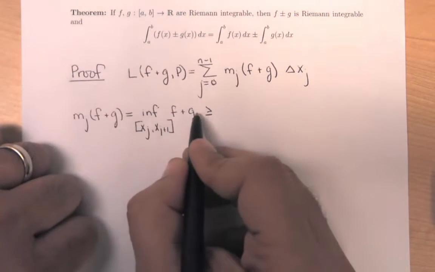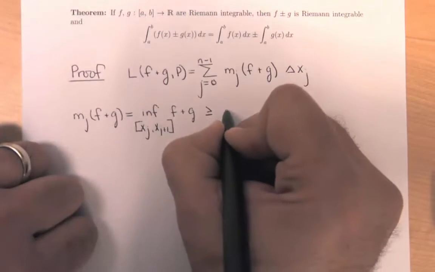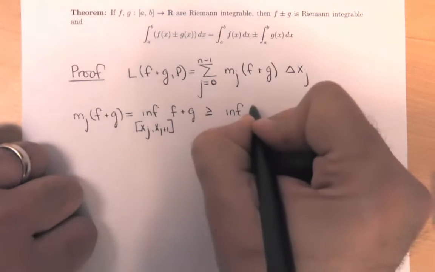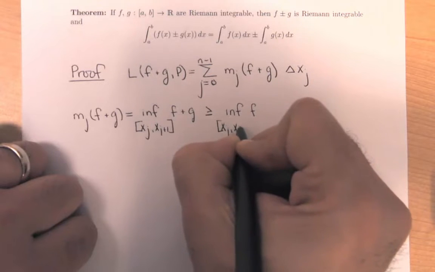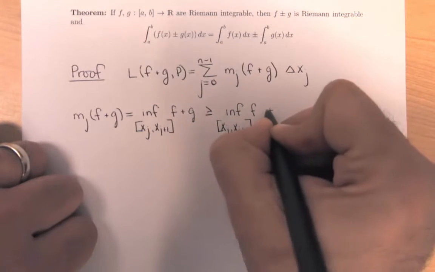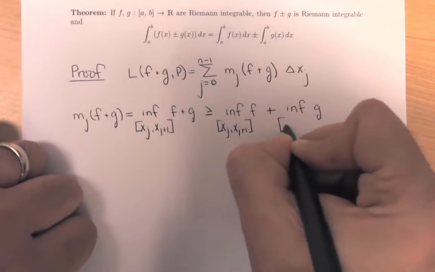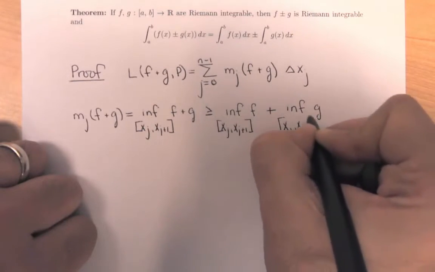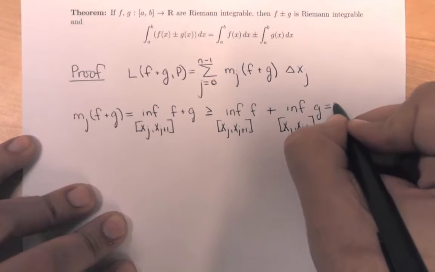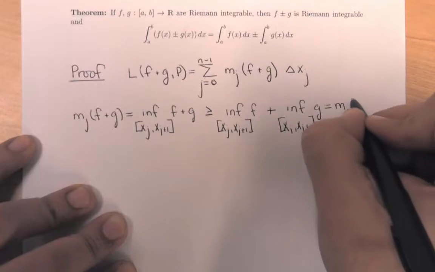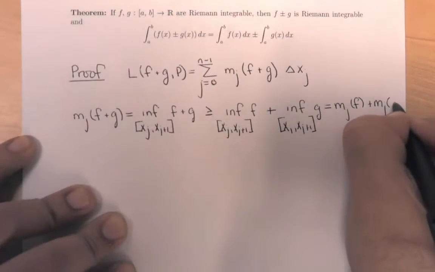That allows me to make f and g each as small as possible, rather than making their sum as small as possible. Which we would write in our shorthand as little m of f plus little m of g.